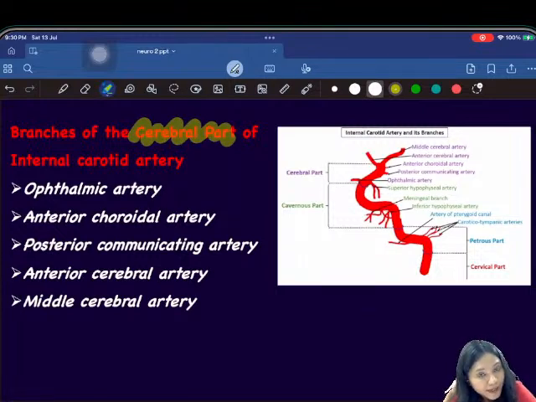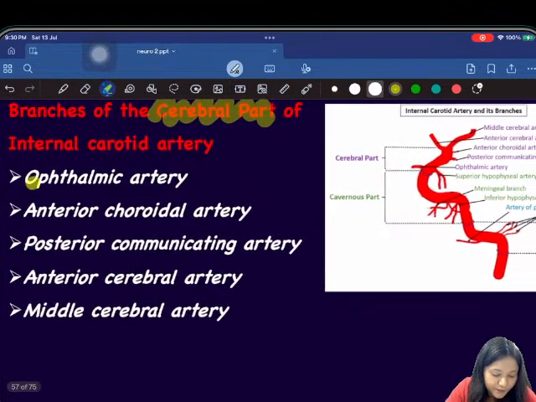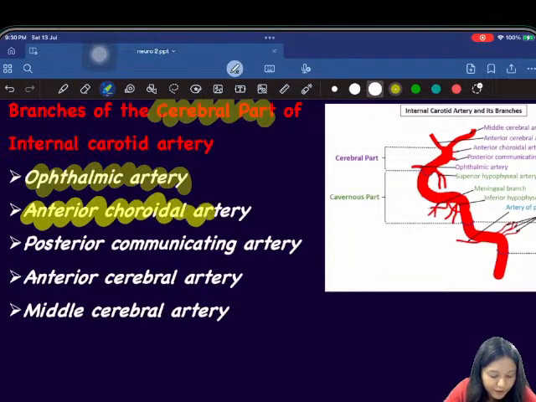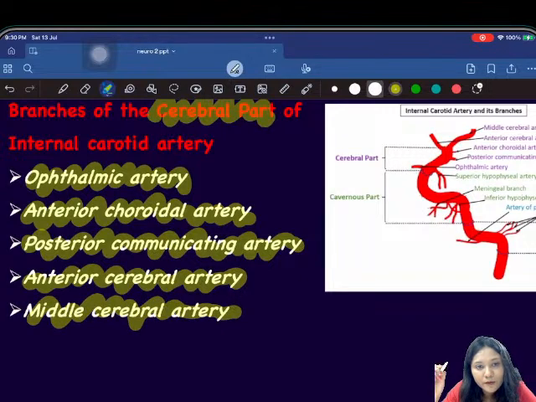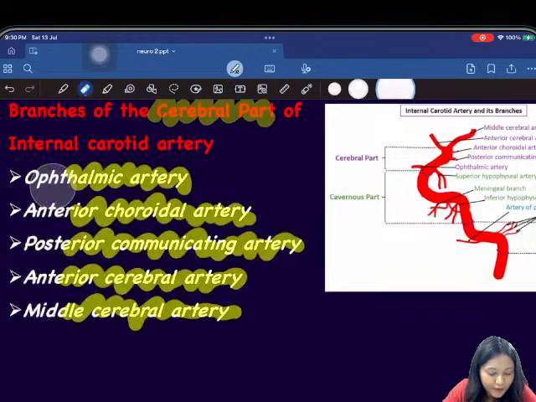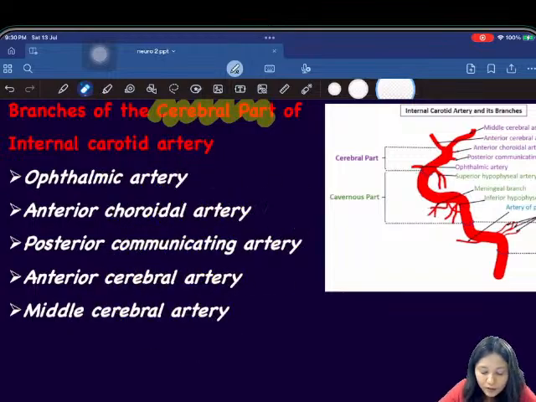So what are the branches of the internal carotid artery in the cerebral part? First the ophthalmic artery, then the anterior choroidal artery, the posterior communicating artery, the anterior cerebral artery and the middle cerebral artery.